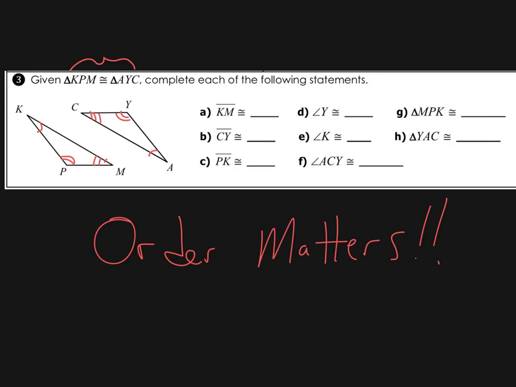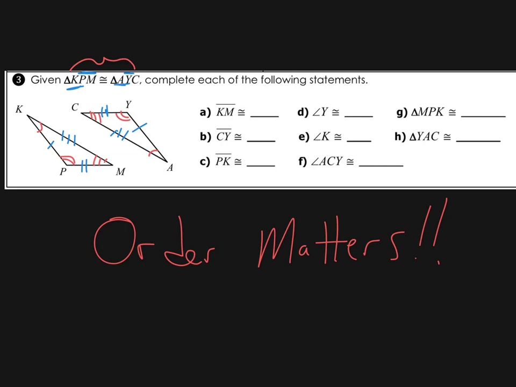Now I'm going to change the color for the side lengths. And I know that KP is the first 2 letters, so KP matches up with AY. PM matches up with YC. So YC and PM. And then the third sides also match up.